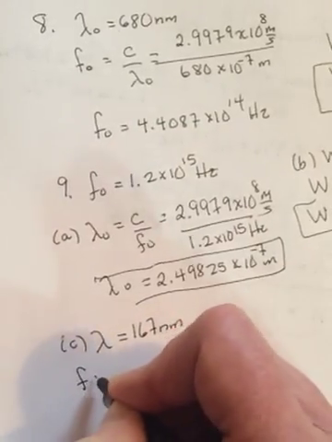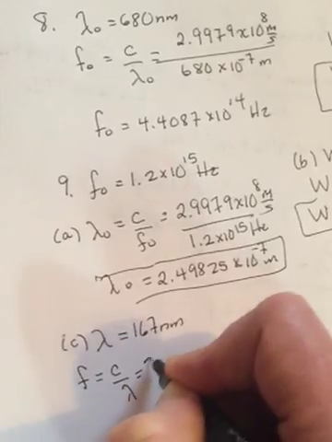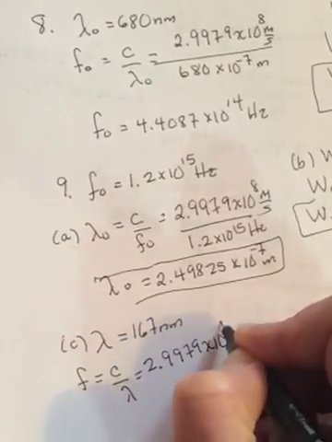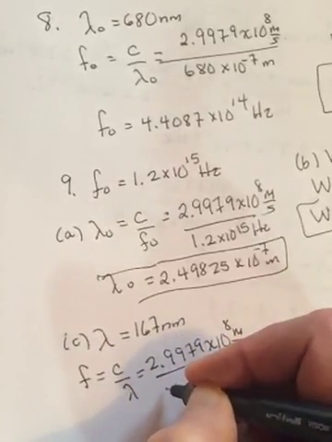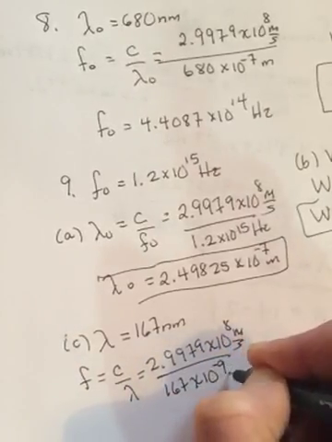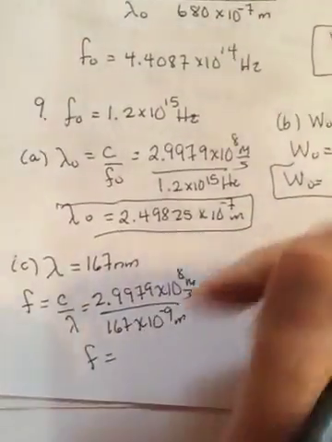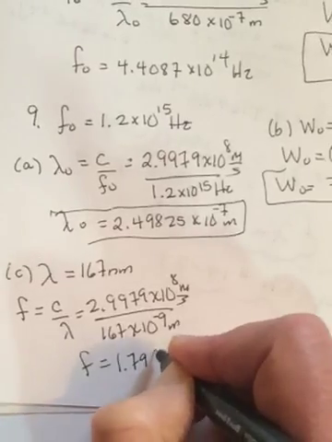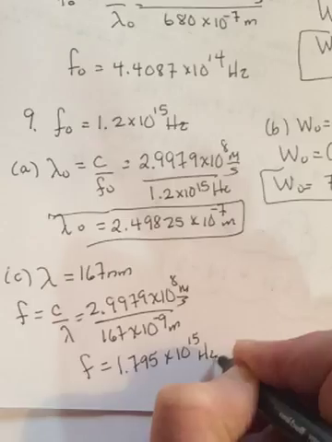So first step, find the frequency of the light, c divided by lambda. 2.9979 times 10 to the 8th meters per second divided by your 167 times 10 to the negative 9 meters. So you get a frequency of the light to be 1.795 times 10 to the 15th hertz.